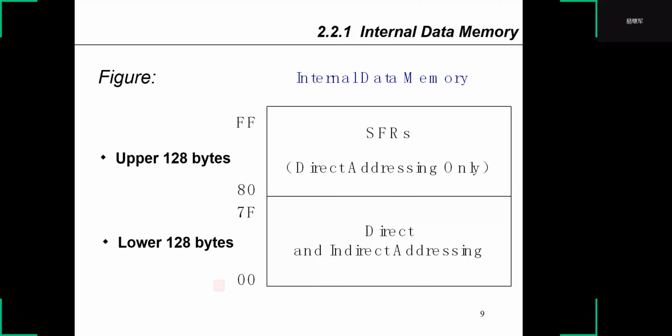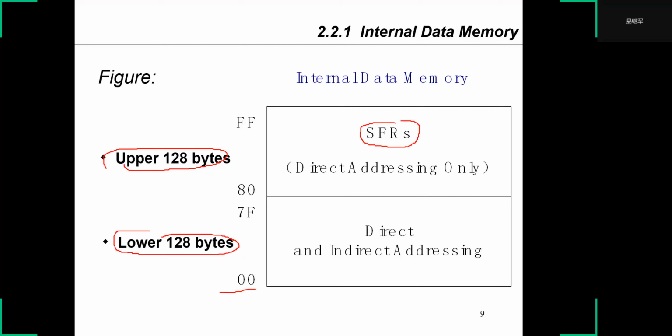Here is the internal memory structure. Up to 128 bytes. The special function registers are used by the microcontroller.